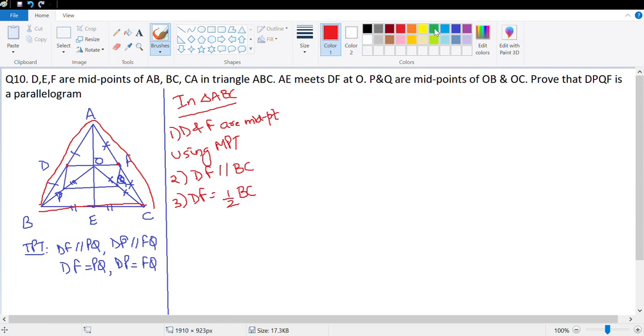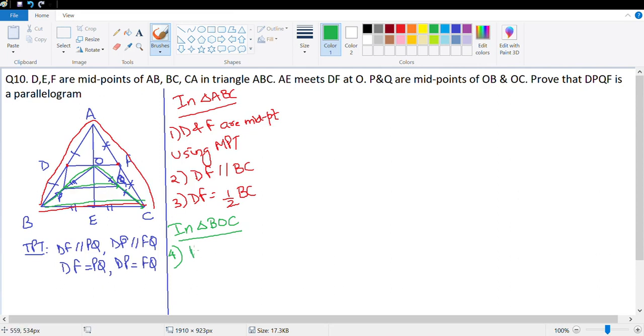Now let's look at one smaller triangle, which is BOC. Yes, let's look at triangle BOC. Is there any midpoint being joined? Yes, P is the midpoint of BO, Q is the midpoint of CO, so these two midpoints are being joined.